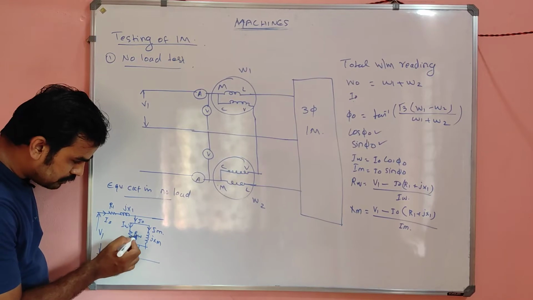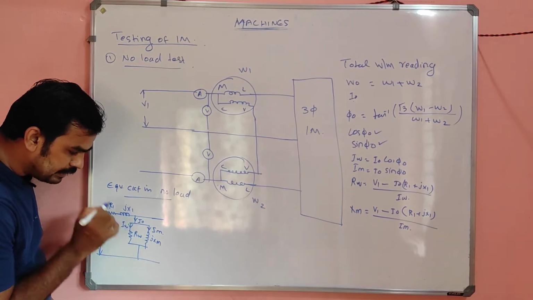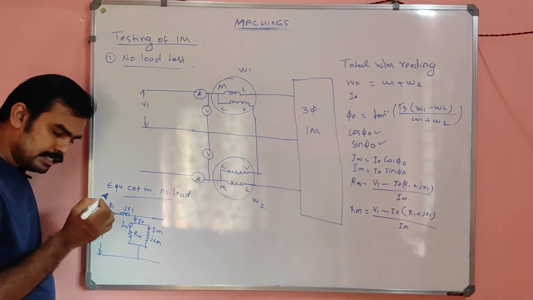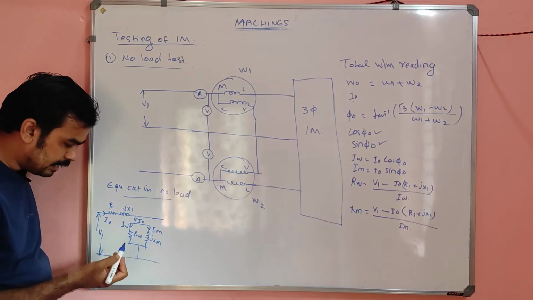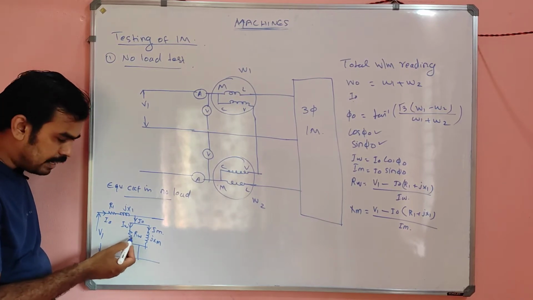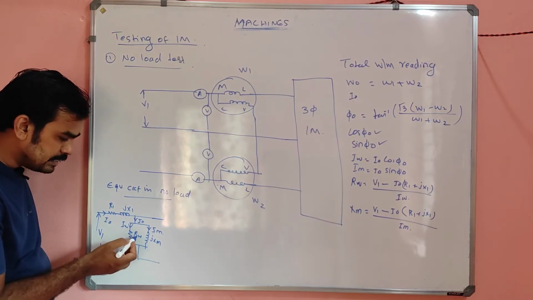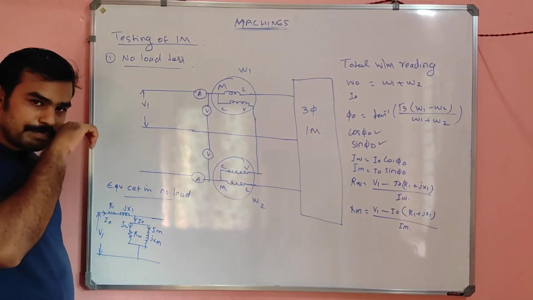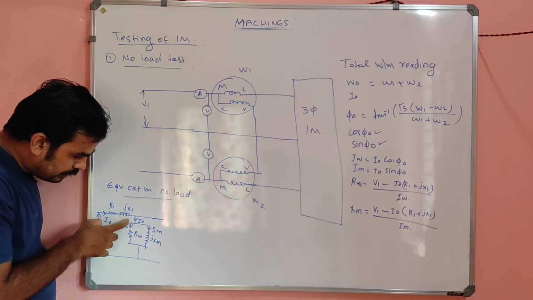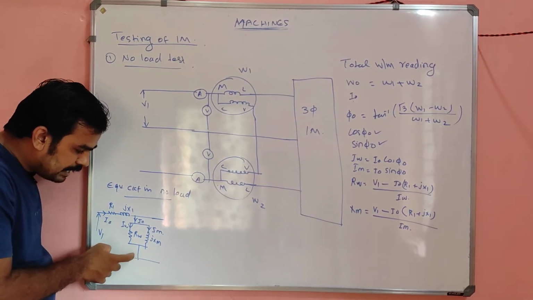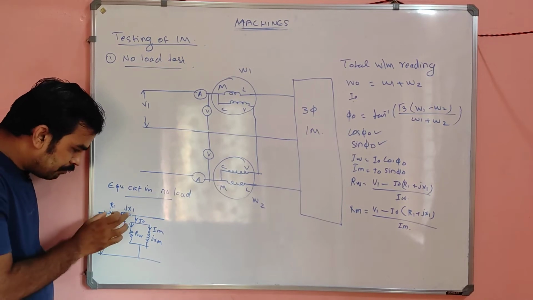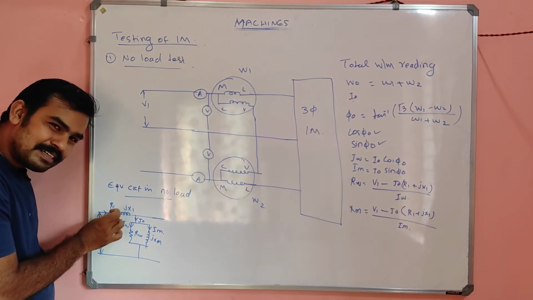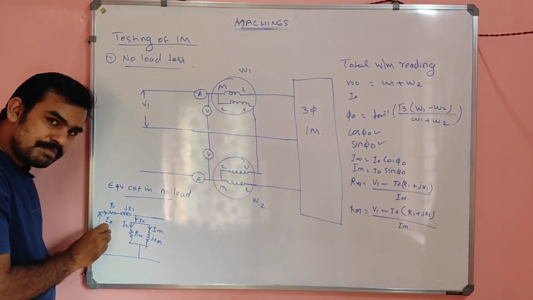See? The value of R omega is nothing but the potential across this R omega divided by the current, correct? The current is given as IW, and we have to find RW, which is nothing but R equals V by I. That V is nothing but the voltage available across here. The voltage available across here will be equal to the applied voltage minus this drop. The applied voltage is V1.